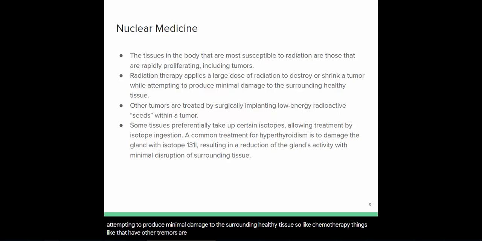Other tumors are treated by surgically implanting low energy radioactive seeds within a tumor. They will sometimes physically put radioactive material in you because it'll put off a lot of radiation, but they'll put it inside the tumor so it'll radiate it from the inside out. Because the problem is, when it comes to tumors, ideally what you'd like to do is cut out the tumor.